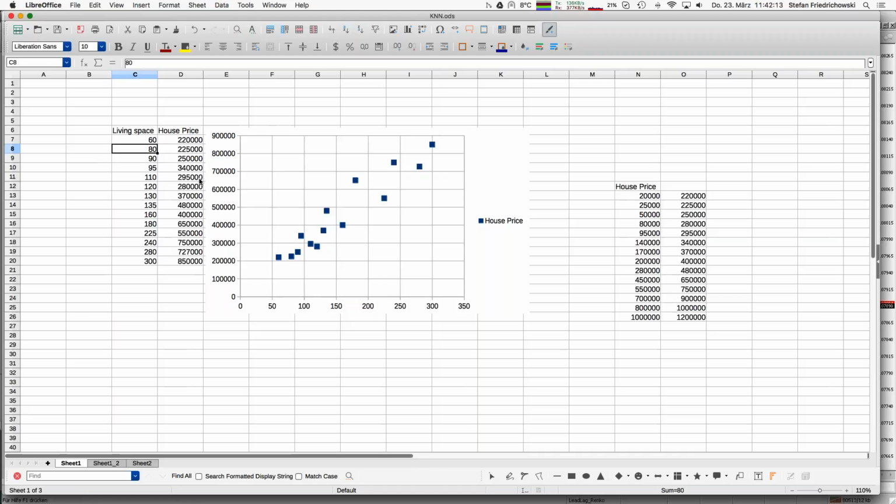So, by the way, all the numbers are just fantasy, and don't interpret those data too much.